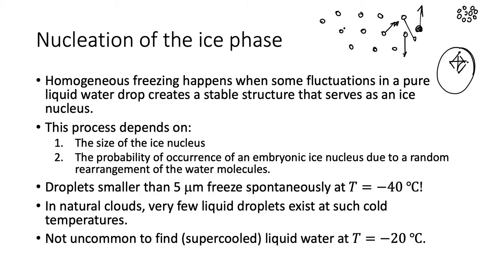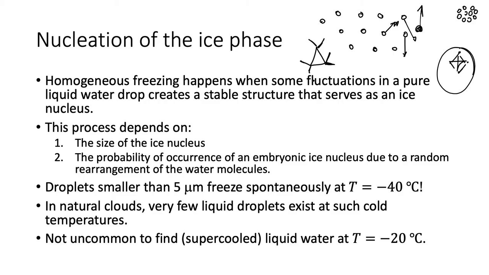If you already have some kind of an ice nucleus that is formed out of pure chance, then it's easier to then grow something around it, right? Because suppose you have this ice nucleus that is formed, this will automatically try to convince other water molecules to take the positions that would allow this to grow even further, okay?